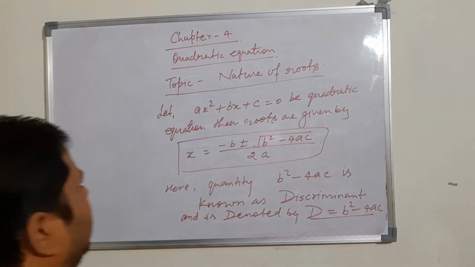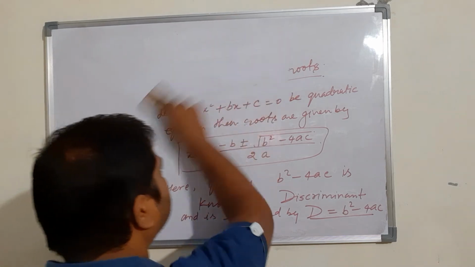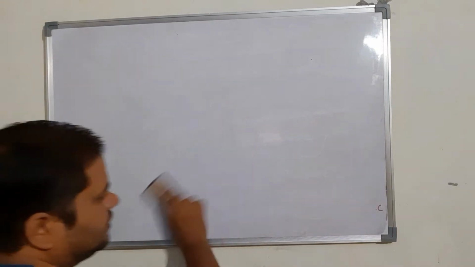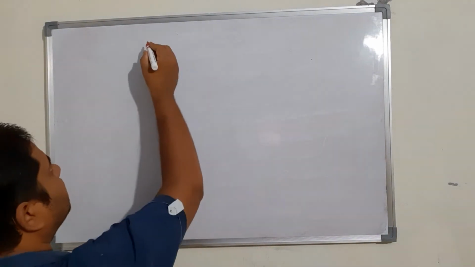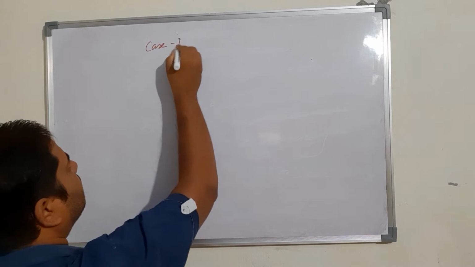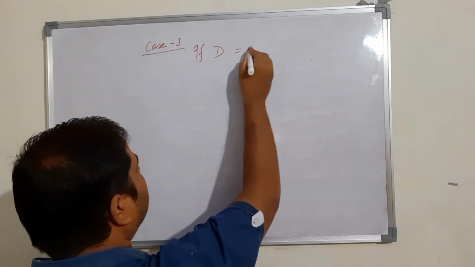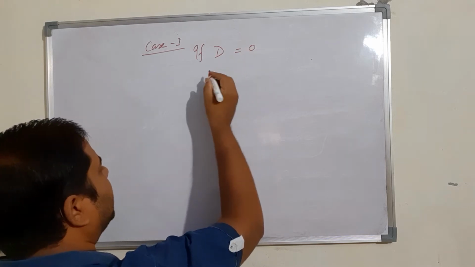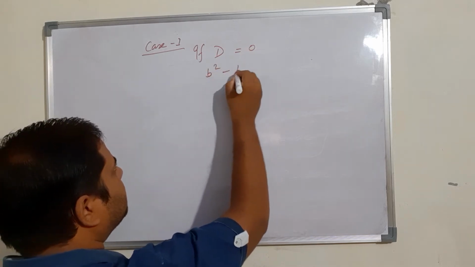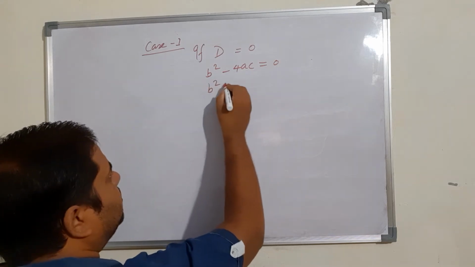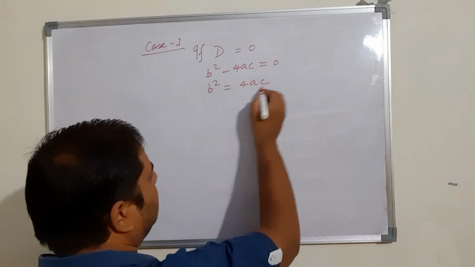The first one is case 1. If D is equal to 0, that means b square minus 4ac is equal to 0, then b square is equal to 4ac.